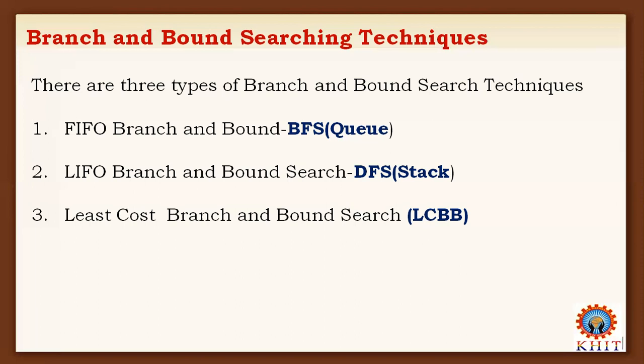So hence I can say that these three branch and bound searching techniques are very useful for finding the answer node while you construct a state space tree by using DFS and BFS approaches.